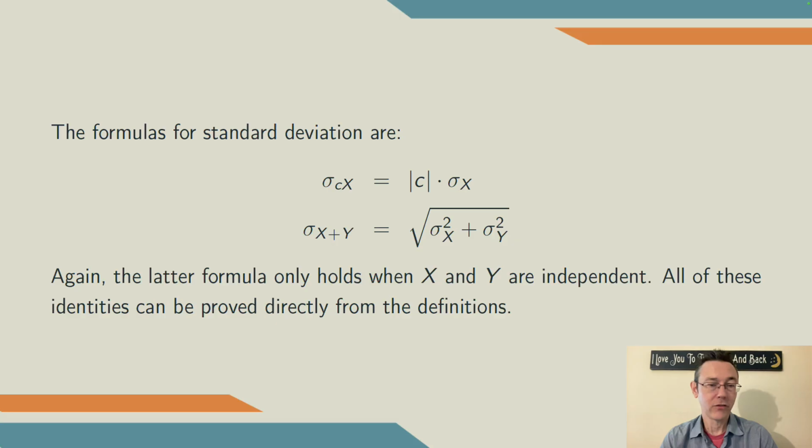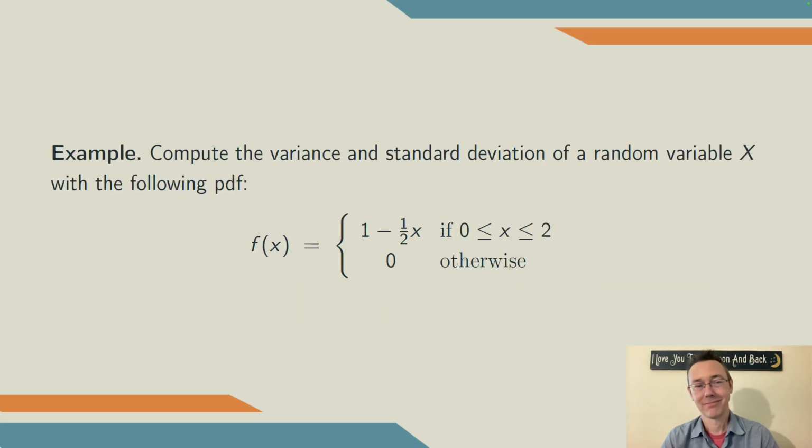Additionally, the standard deviation of a sum is the square root of the sum of the squares of the individual standard deviations. And again, that latter formula only holds when the random variables are independent of one another. By the way, notice that that second one is basically a Pythagorean theorem. That's an interesting thing to ponder on your own. All of these identities are proved directly just from the definitions of variance and standard deviation for continuous random variables.